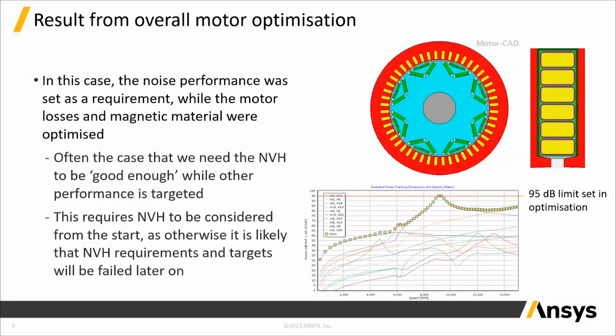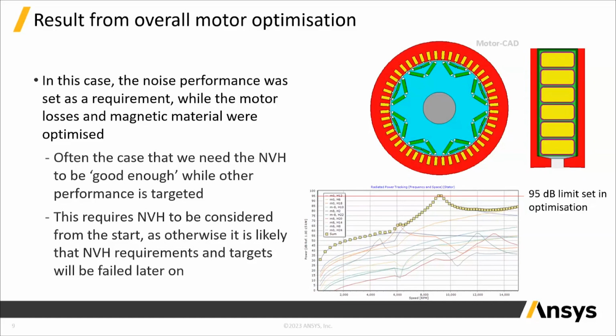In this case, the optimizers found a solution that maximizes the electromagnetic performance while just achieving the sound power level target that we set. This design optimization did not look at detailed features for NVH improvement, so we can now consider these, ideally reducing the noise while limiting the impact on other performance characteristics.